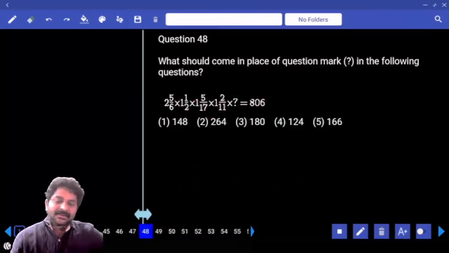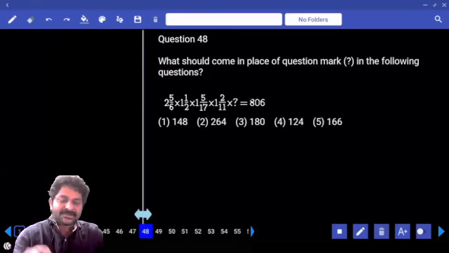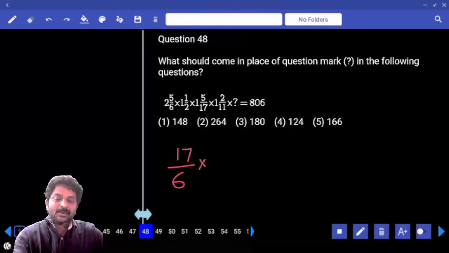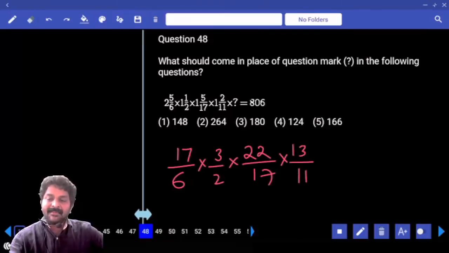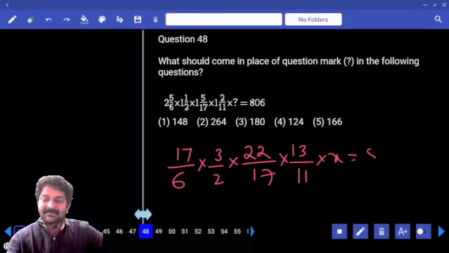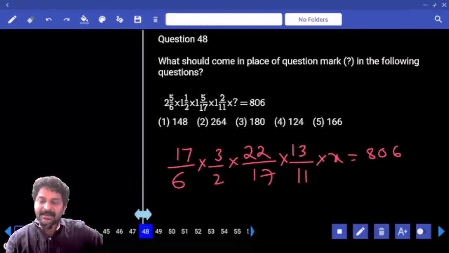Next. So nothing can be done. We have to convert all these mixed fractions to improper fractions. 2 5 by 6 into 22 by 17 into 13 by 11 into x is equal to 806.